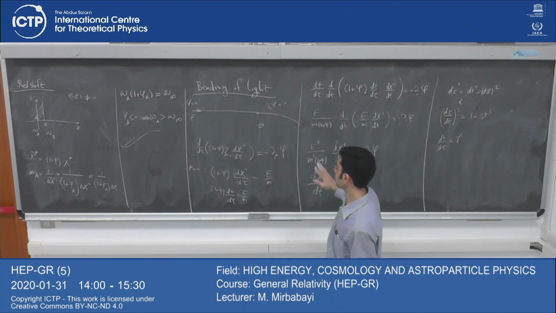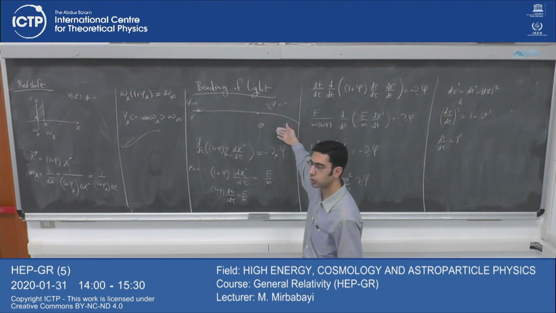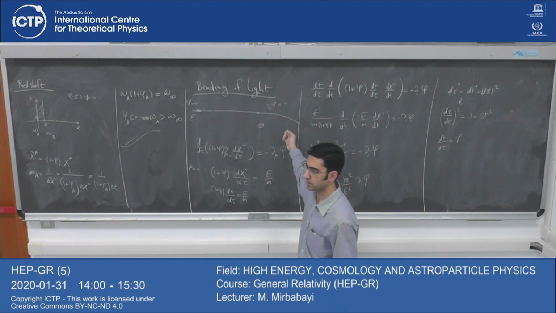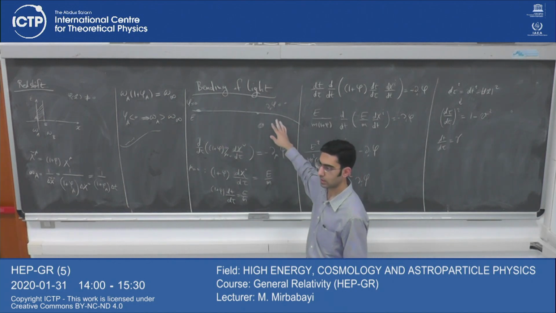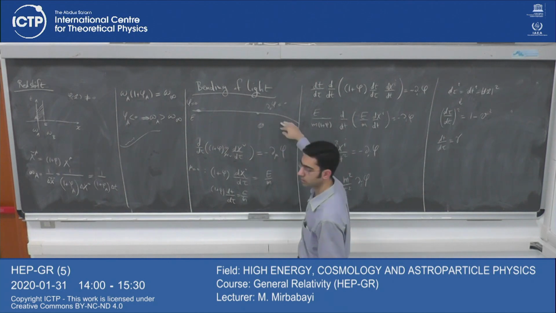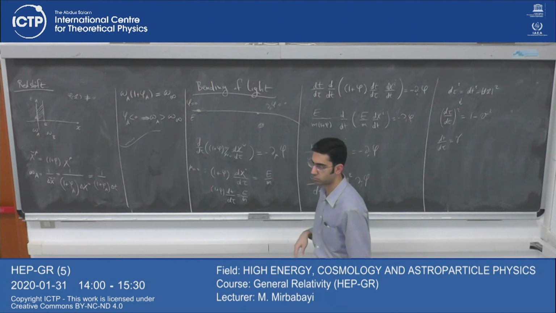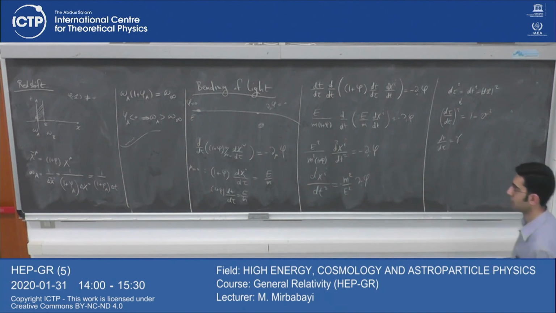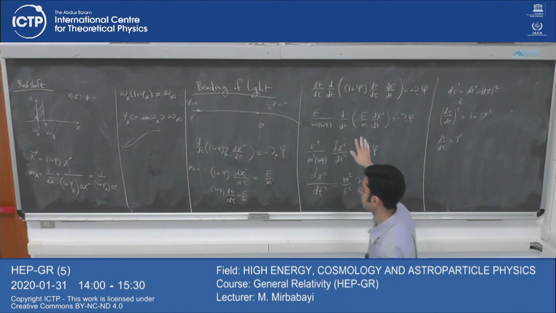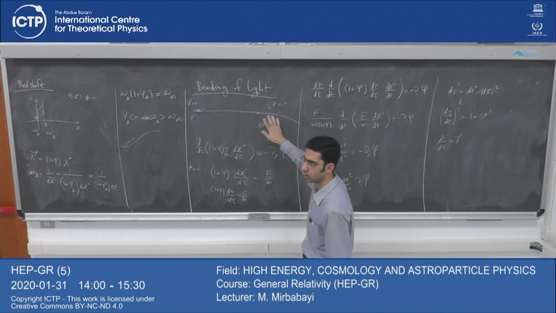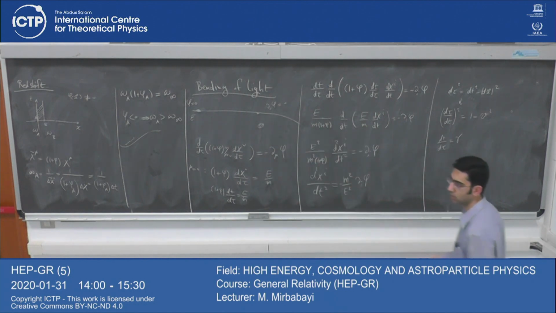Now if we have observers who have clocks here, we understand that what the clocks are measuring has some relation with t which depends on phi. But the coordinate t is just the usual Minkowski coordinate that we have.